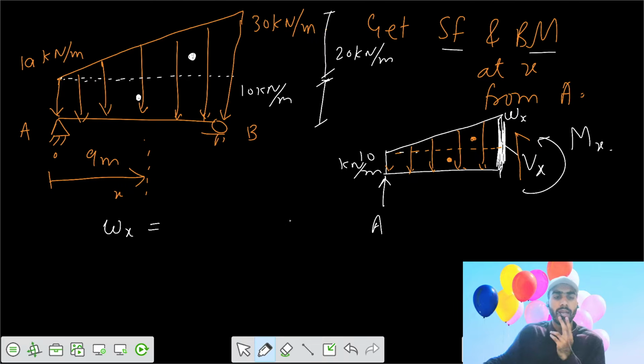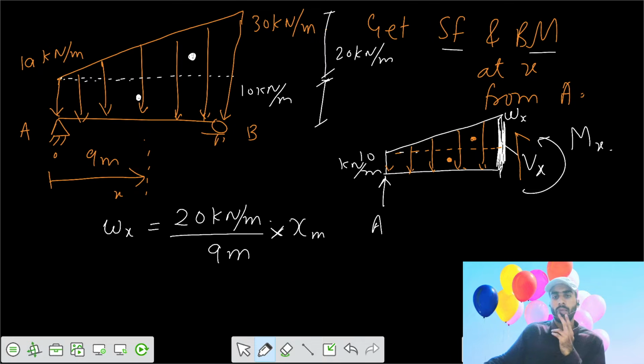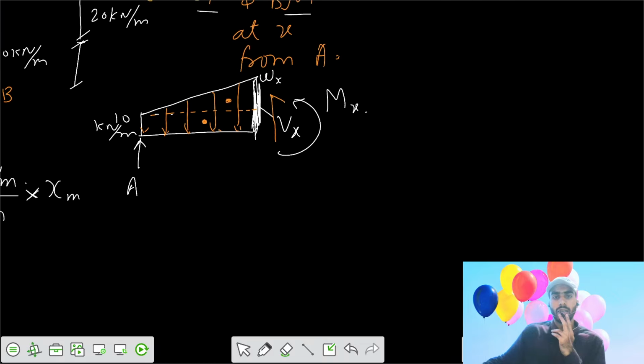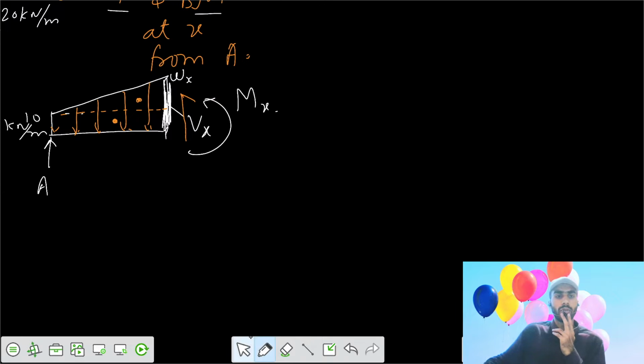That triangular part was 20 kilonewton per meter, so it changed from 0 to 20 kilonewton per meter in 9 meter length. So the loading intensity for x meter of that triangle varies as 20 by 9 of x. This was your length x.